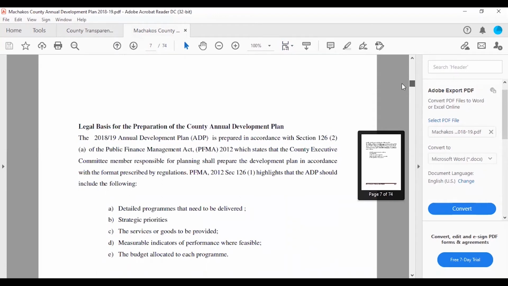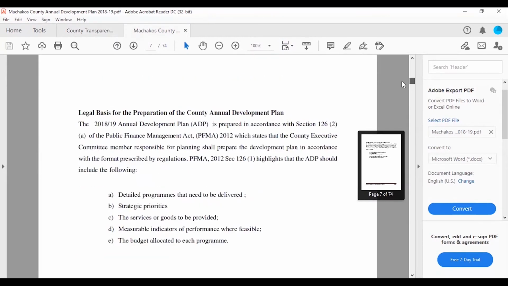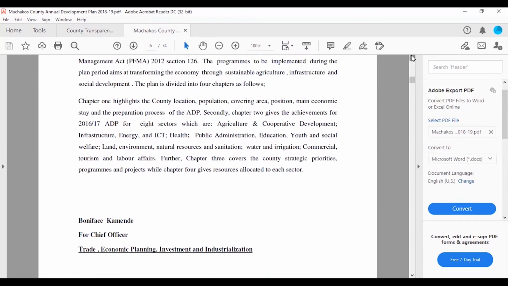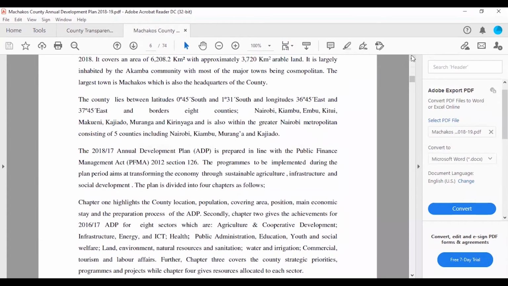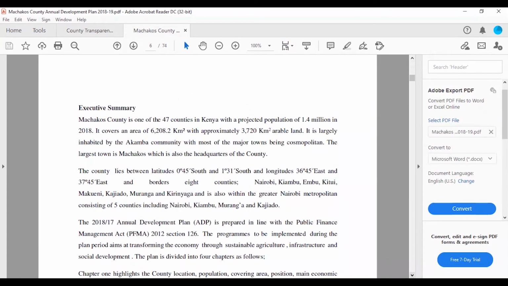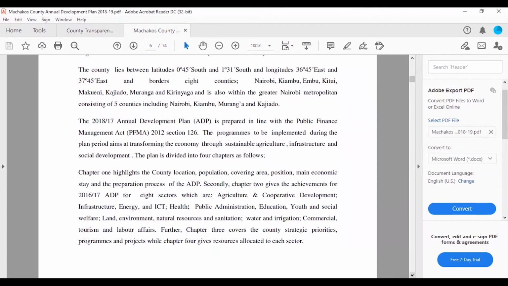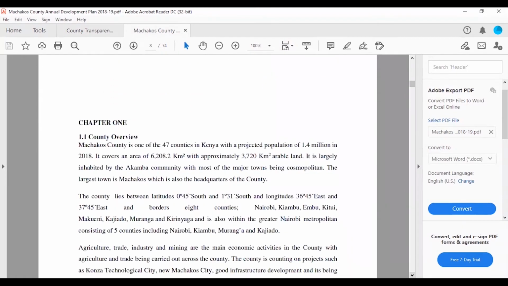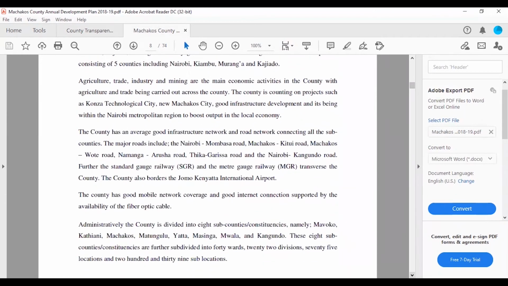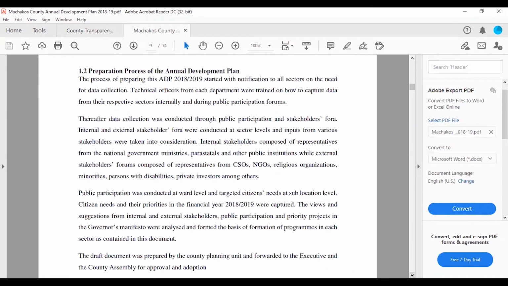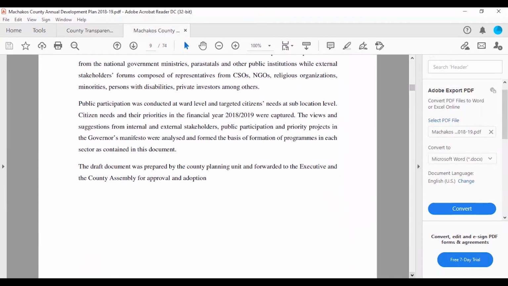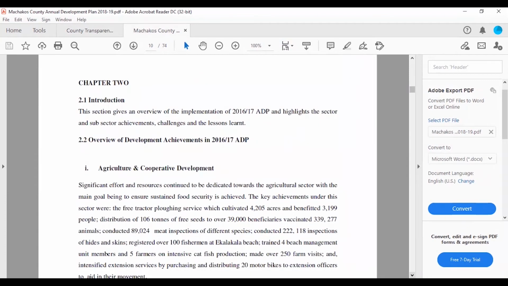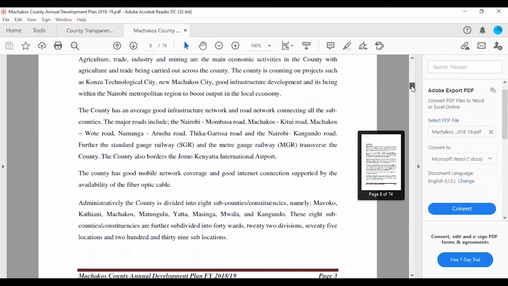You can even see here that the county government, okay, we scroll down. Yeah, so here they had gone through it.